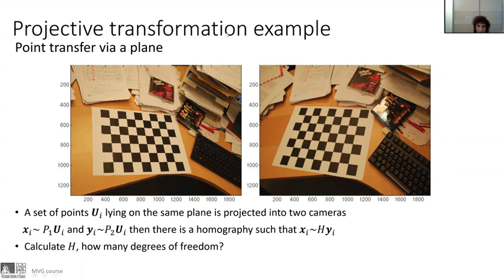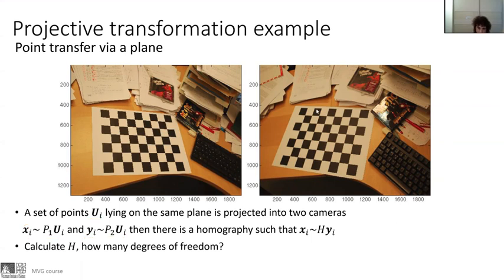So if I have some points in the world which reside on the plane, and the left camera captures the image, and we denote the coordinates on the left camera by xi, and the right camera, P2, captures the image, and we let the coordinates on the right camera be yi, then according to what we just said, there is a homography such that xi is related to yi by homography. Okay, we've just seen it.